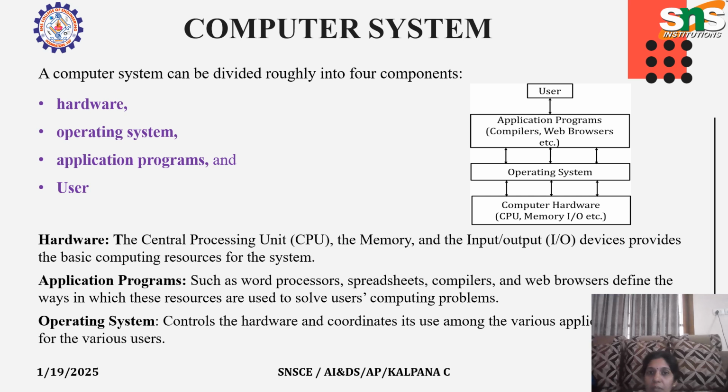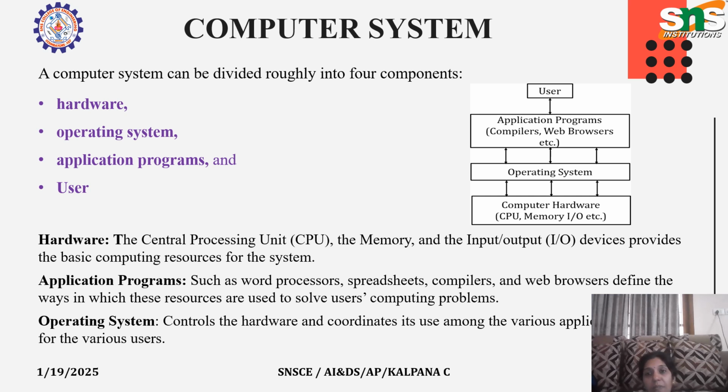Whatever operation we perform with the computer hardware and resources, whether we click a file, open a file or save a file, we can do it with the help of the operating system.